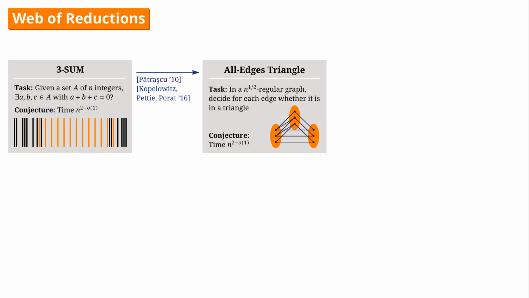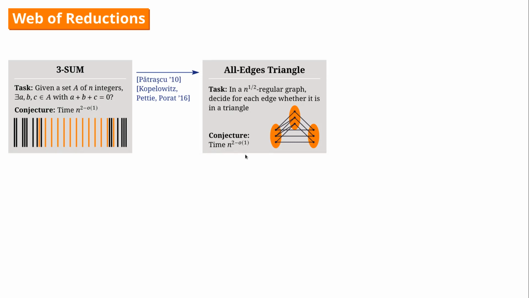Okay, so the output consists of not just one bit, but one bit for each edge, whether that edge is part of a triangle. And you conjecture that this problem can also be solved in quadratic time. And well, assuming the three-sum conjecture, you can prove that it requires time n to the 2 minus little o of 1 to solve.